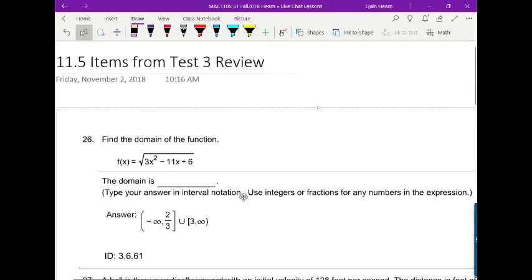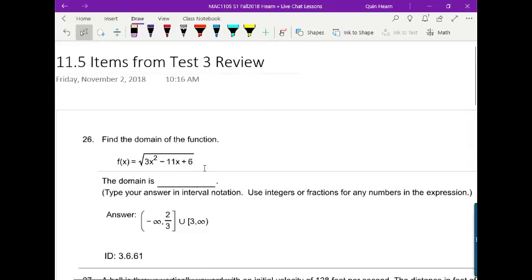Okay, so the first thing on the review that you may not know how to work yet is find the domain of the function f of x equals the square root of 3x squared minus 11x plus 6.